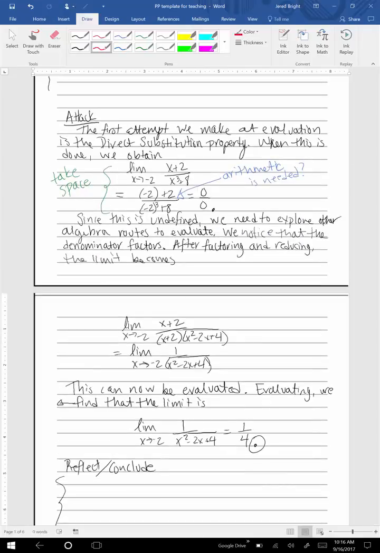I said we in several different places, pretty much in every sentence. The only one that I did not include that we in, or that active voice, was this sentence here. This can now be evaluated. That's fine. A little passive voice is okay at this point.